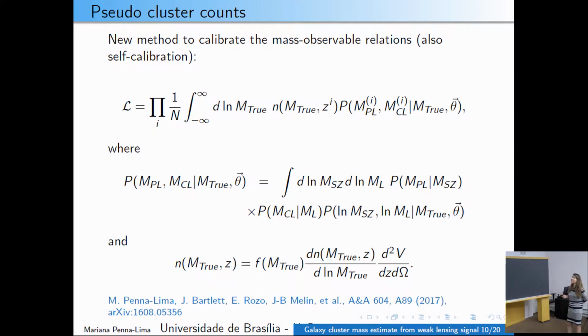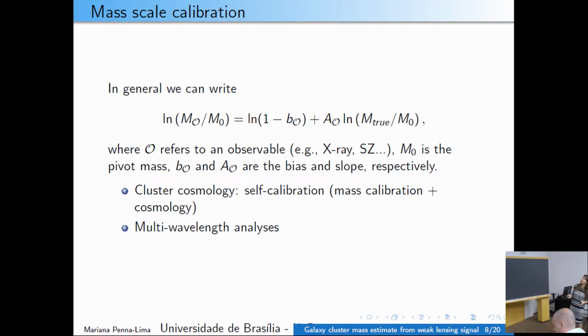And specifically in the analysis we carry out, we use Planck data and CLASH data. So this distribution corresponds to this integral of the SZ mass and the lensing mass, okay? This is not just weak lensing because the lensing mass estimates that they obtained combine both strong lensing and weak lensing information, okay? So this is the probability distribution combining both, this bivariate Gaussian distribution assuming this relation, okay?